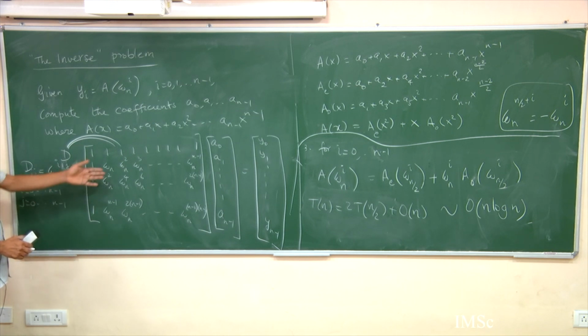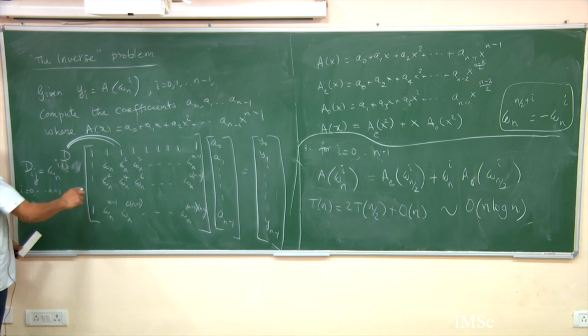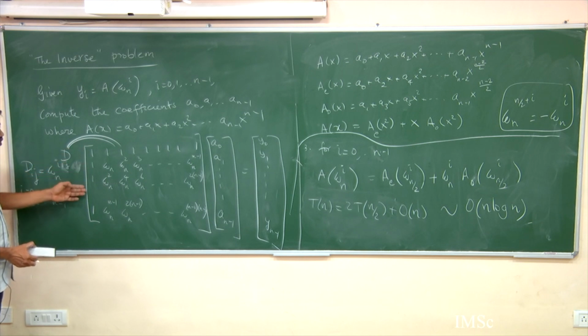And if you pick, let's say, the 2nd row, this is 0, 1, 2, so 2 into j. So ω_n^(i·j).